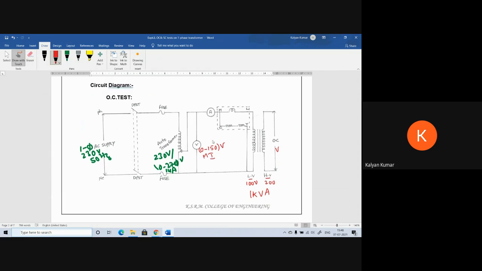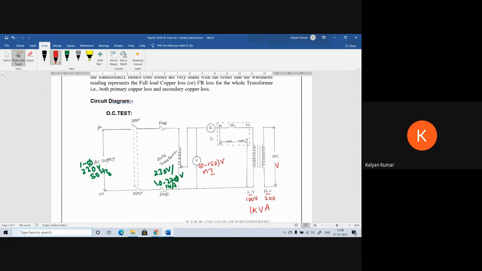Next, coming to the ammeter, here the current is not given in the nameplate details. So we need to find out the current. I equals S by V, so it is 1000 by 100. We are going to get 10 amps, but it is the full load current. But the OC test is conducted under no load conditions. The no load current of the transformer is around 5% of the full load current.